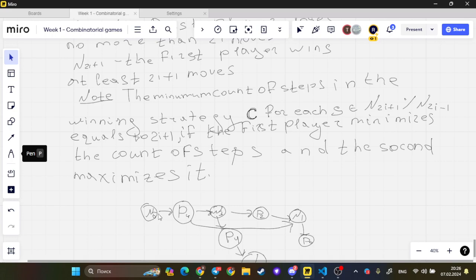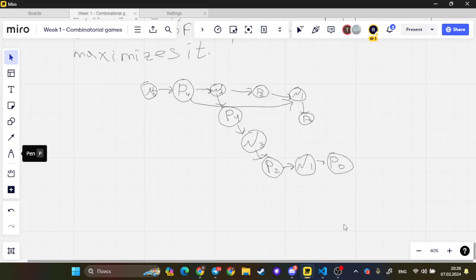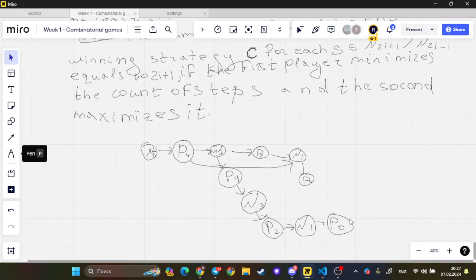That's it. I think this example is really fine.